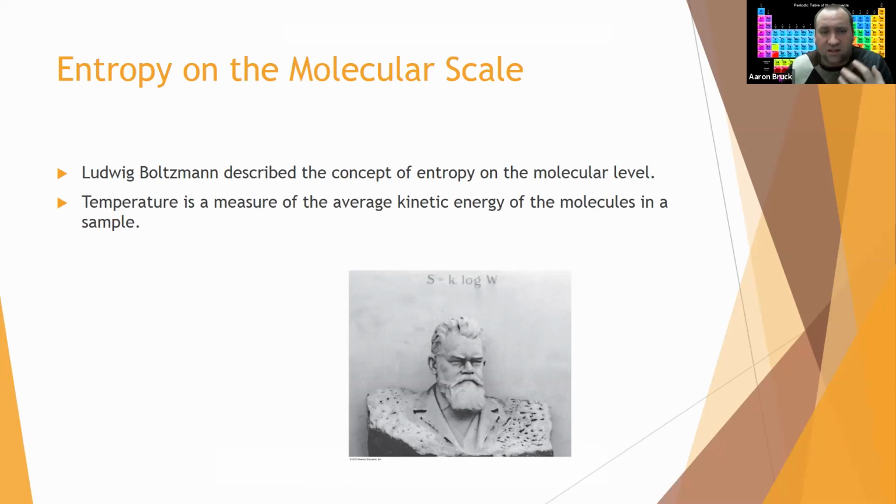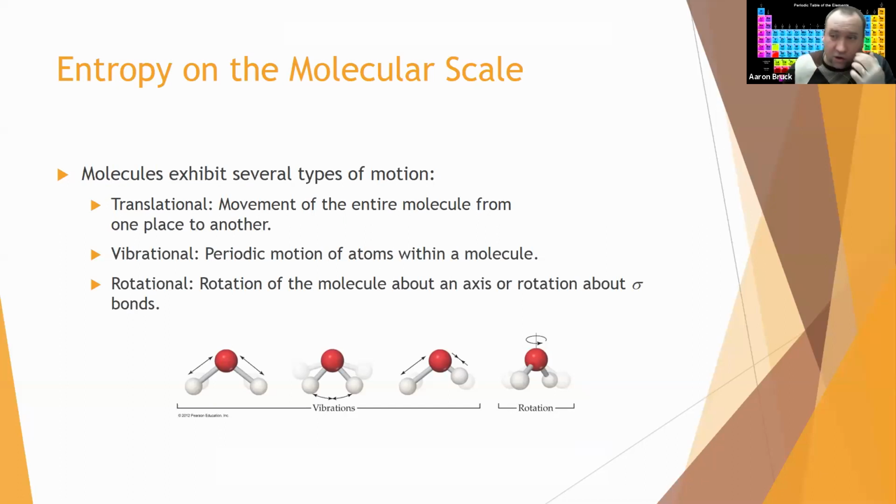And it works along this general concept. If we look at molecules, we know that molecules are capable of doing several different types of motion. For the most part, we have thought of molecules in one sense. When they are given energy, they move.